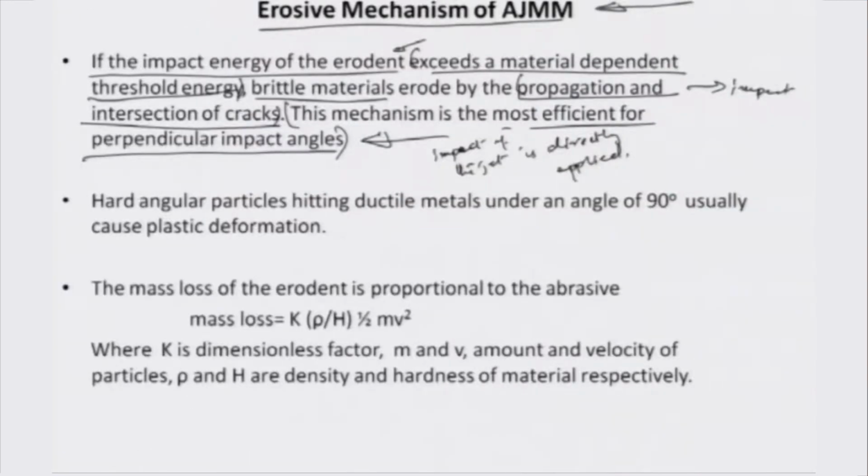And so what happens is that these erodent particles, which are otherwise angular in nature, when they hit ductile materials under an angle of 90 degrees, they do cause a plastic deformation of the material.